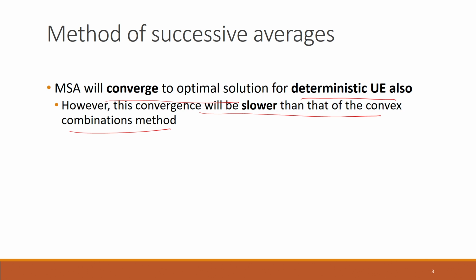Although at that time we could have introduced the method of successive averages also, which would have been applicable in this stochastic user equilibrium case also. But the reason for not doing that was that the convex combination method is faster in convergence as compared to the method of successive averages when we are solving the deterministic user equilibrium problem.